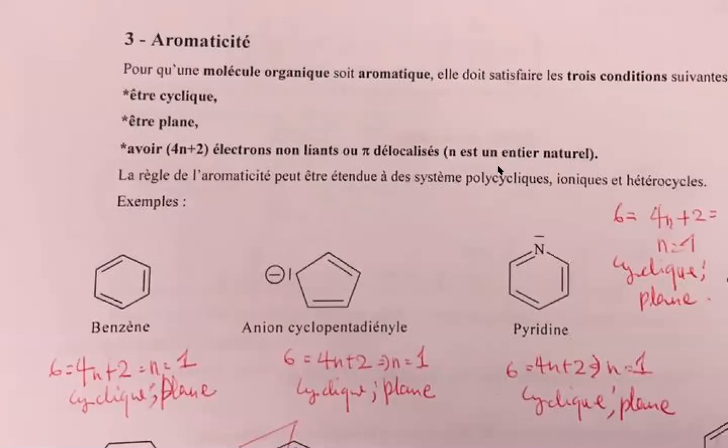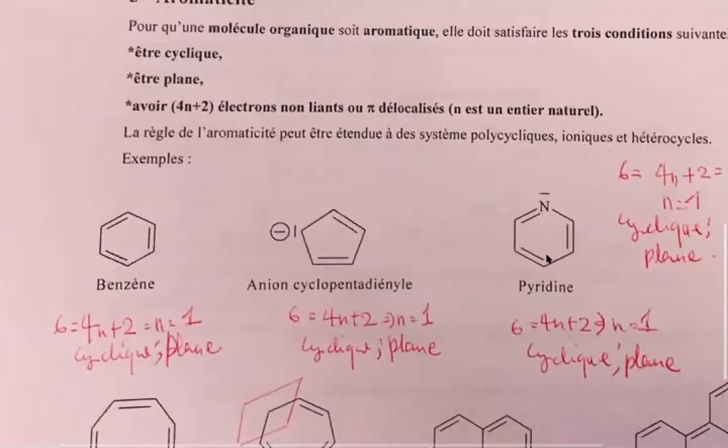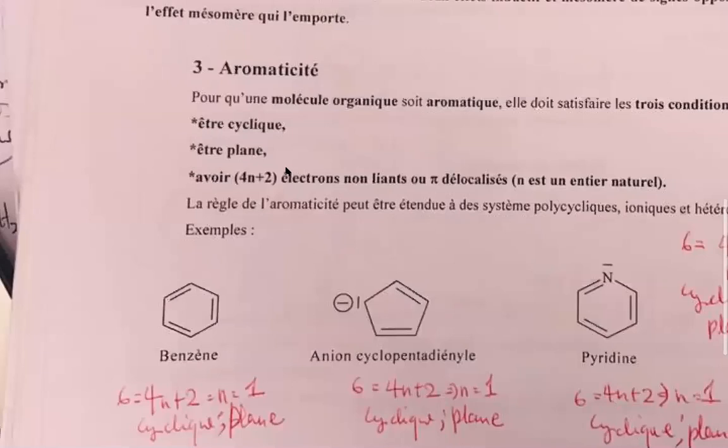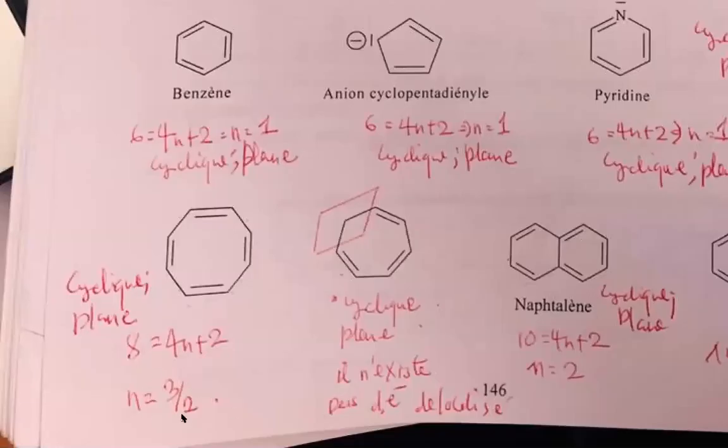Anything decimal will not be considered to be natural. So this one here only satisfies 2 conditions. The first one, which is cyclic, of course. The second one is plain, but n is not equals to a whole number.